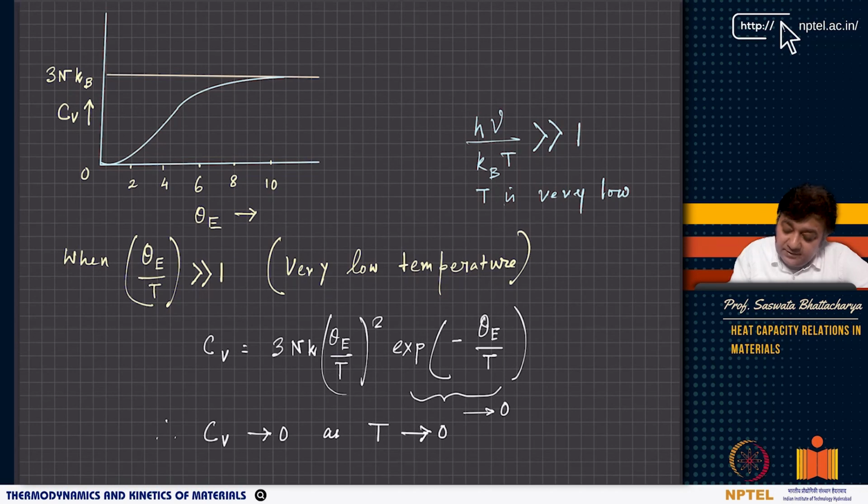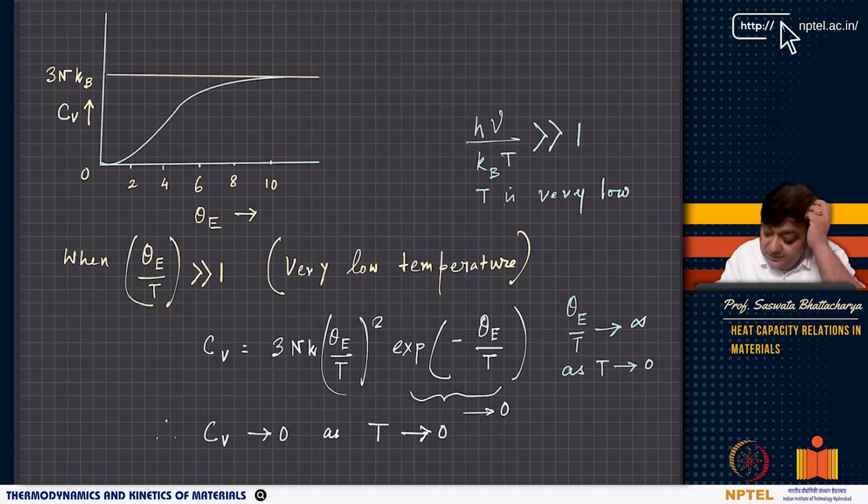Because theta E is h nu by kB and T is very, very small, this entire theta E by T is approaching infinity as T tends to 0. Now, e to the power minus infinity tends to 0, right?